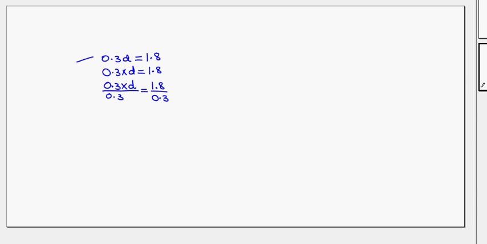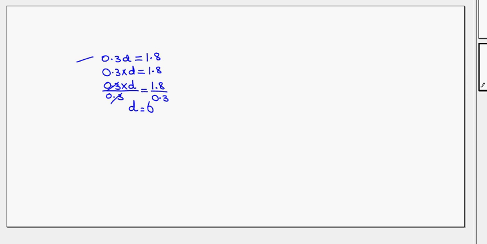This will cancel with this. You write back d. And punching on the calculator 1.8 divided by 0.3, you should get 6. How I work it out: move this one place to the right to get 3, move that one place to the right to get 18, because remember you have to divide by a whole number. 18 divided by 3 is 6. So d is equal to 6.